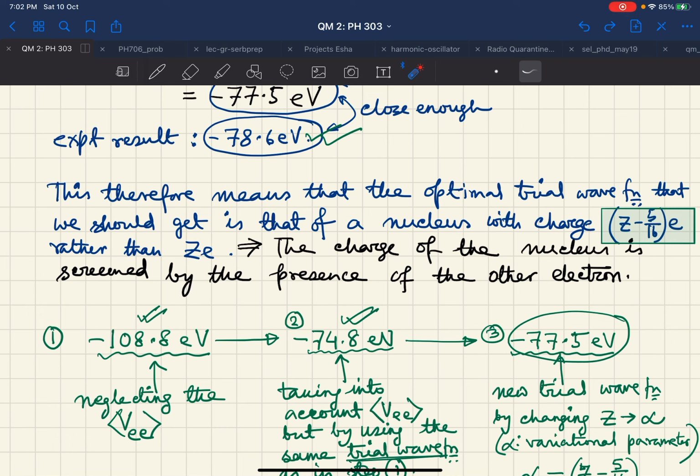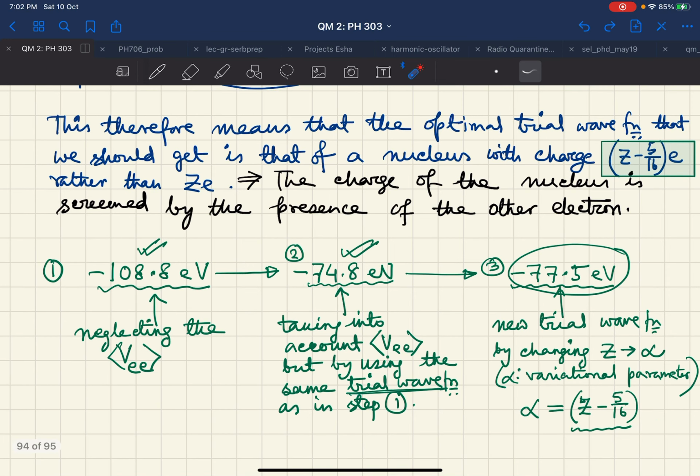Next, in the second step, we took the same trial wave function that we had used for calculating this ground state, and we used it to evaluate the V_EE expectation value, that means the electron-electron interaction expectation value, and we obtained minus 74.8 electron volt.